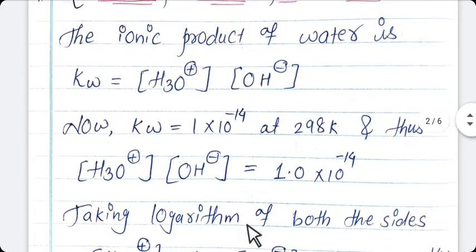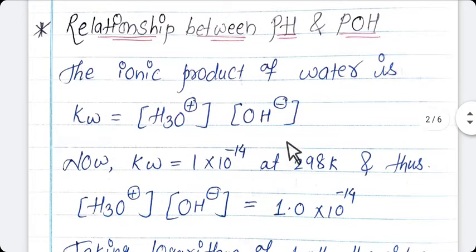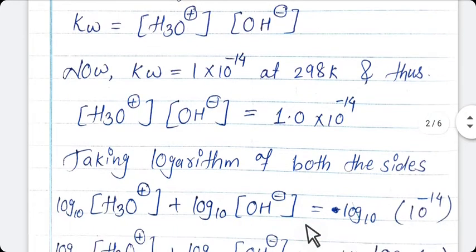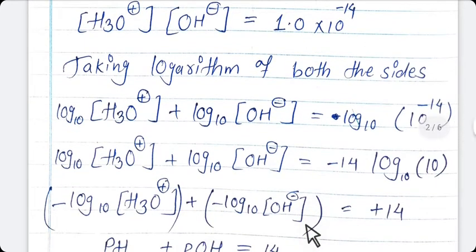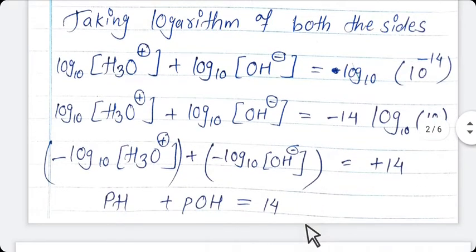First, we use the formula of ionic product of water, put the value of ionic product of water, take the logarithm of the equation, then multiply the equation by -1 and then put the values. So that is the relationship between pH and pOH: pH plus pOH is equal to 14.